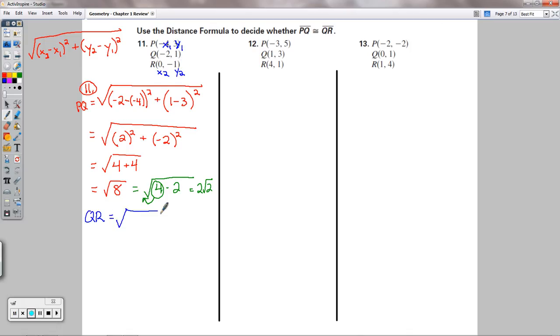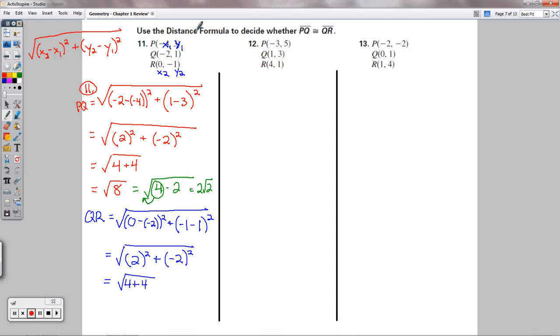Still using the formula. I'm taking the difference of the x values and squaring that, 0 minus -2, plus the difference in the y values squared, so -1 minus 1. That would be, this is looking promising, 2 squared plus -2 squared, looks like exactly the same thing as I had before. So yes, I would get that these are in fact congruent.